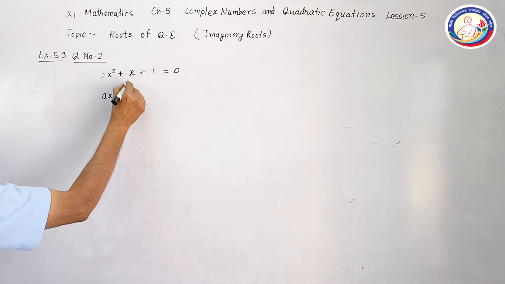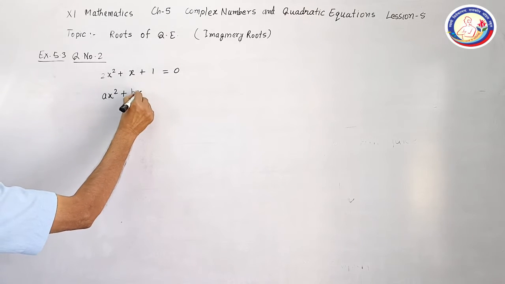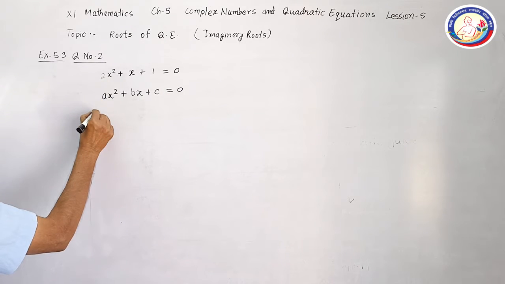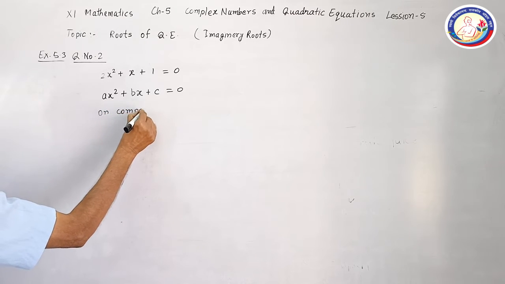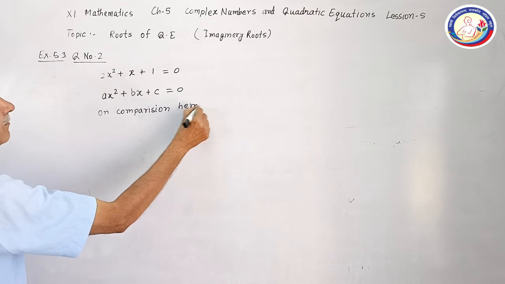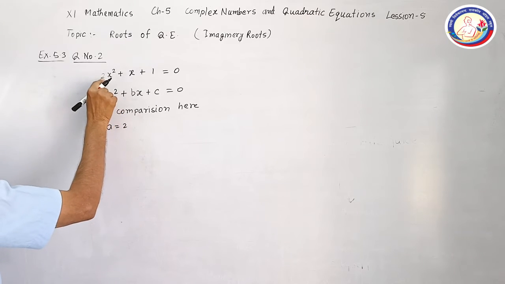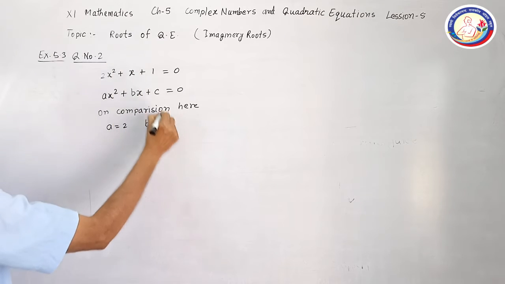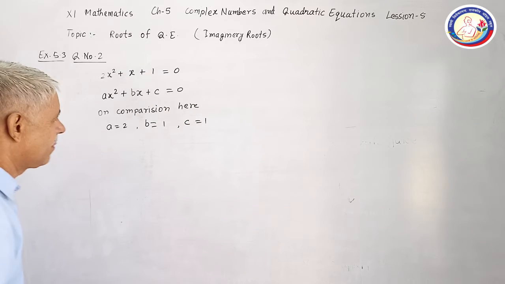Compare this with standard quadratic equation or general form of quadratic equation. See, on comparison here, a equal to 2, the coefficient of x square, and b equal to 1, and also c equal to 1.